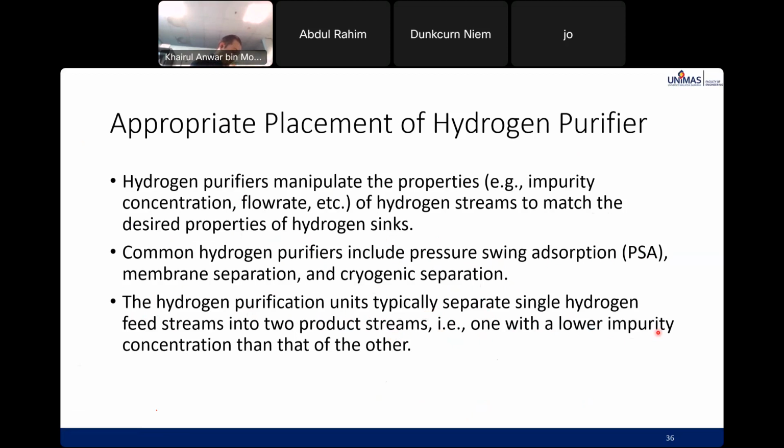This is talking about purification. In contrast to a water regeneration unit that normally produces a single product stream, the hydrogen purification unit typically separates a single hydrogen stream into two product streams, one with lower impurities than the other.